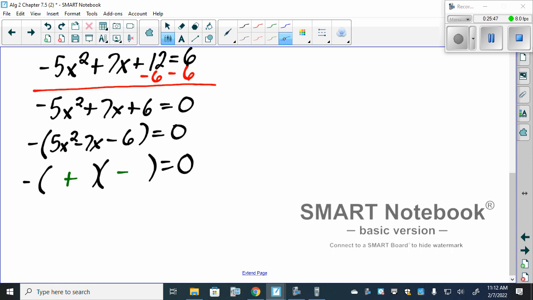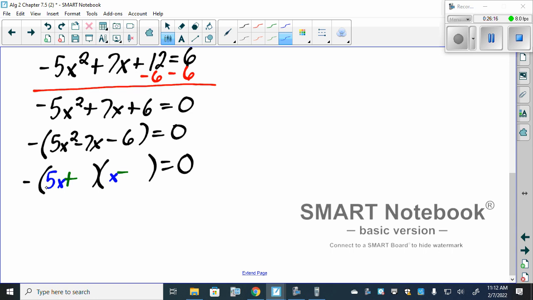Now we need to look at the factors of 5x squared and 6. We know x squared is going to factor to x and x. That's the only setup that we can have for x squared. Now the factors of 5 are 5 and 1. Where do we want to put the 5? With the plus or with the minus? I'm just going to throw it in the first one.